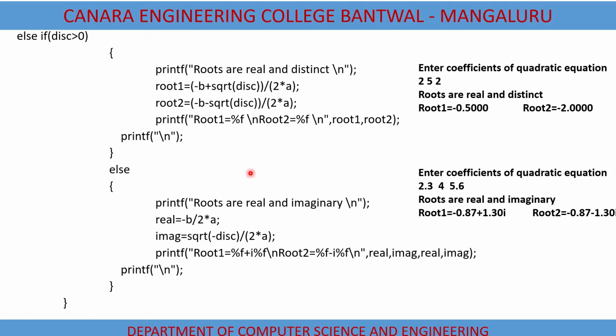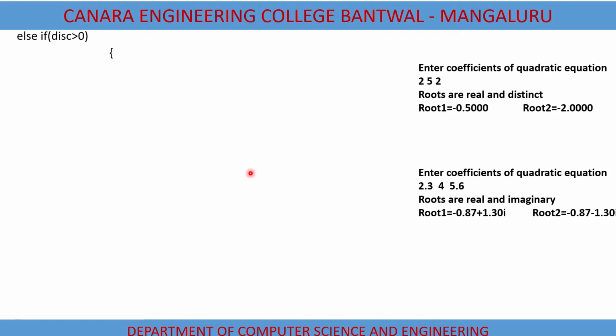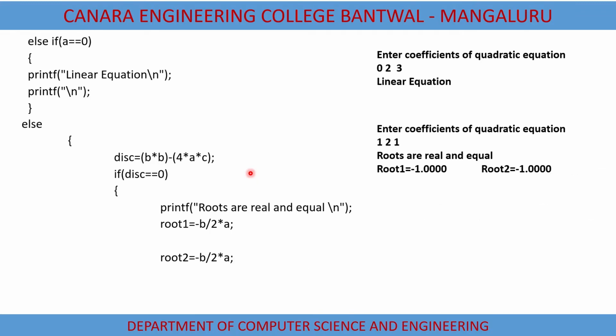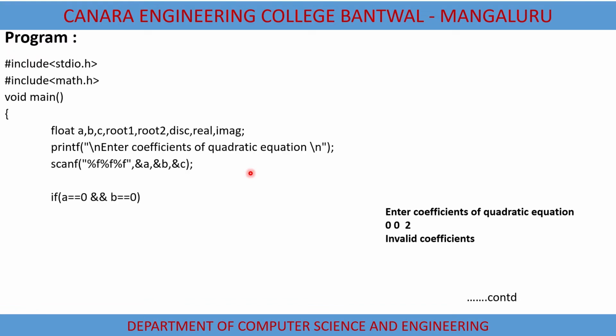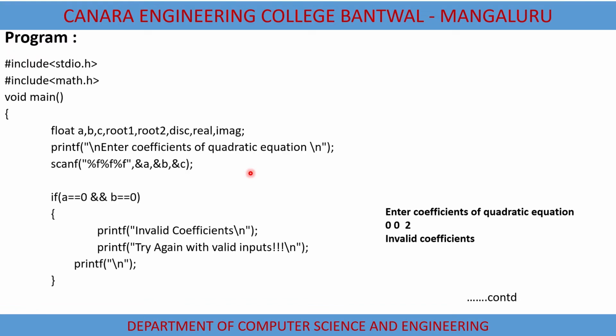Now we'll see some examples and try to analyze this program by taking some examples. First we'll take three coefficient values, that is 0, 0 and 2. So when we enter 0, 0 and 2, A represents 0, B represents 0, C represents 2. So we read the values.